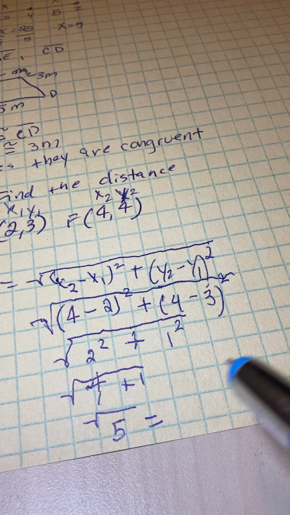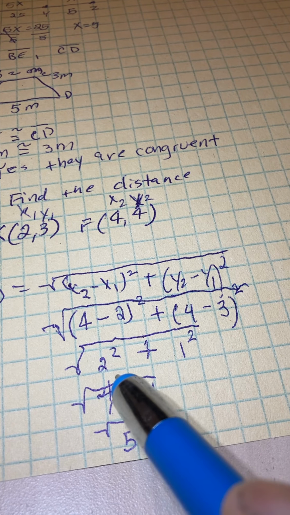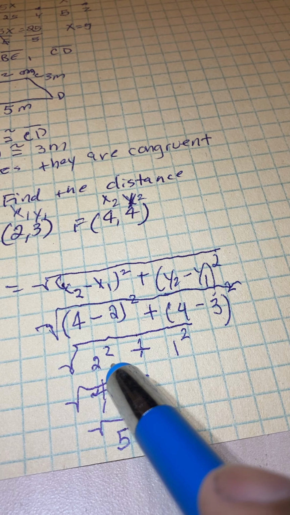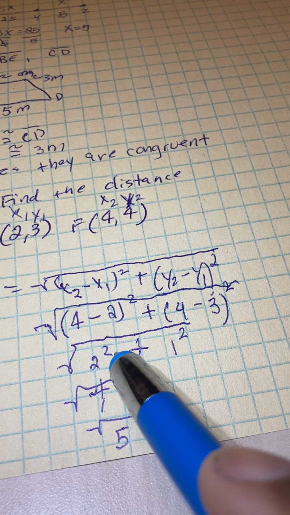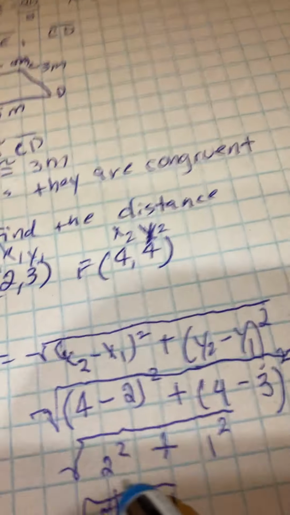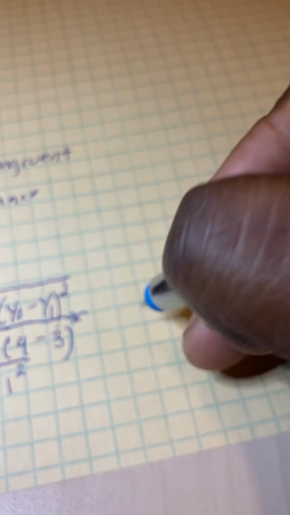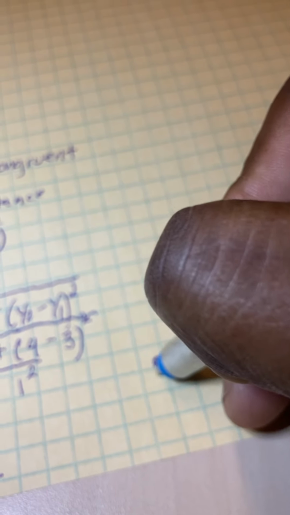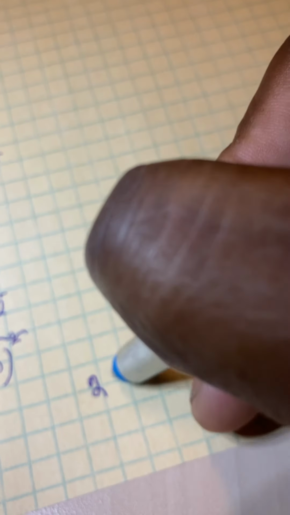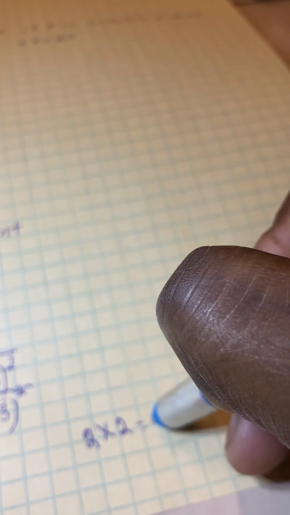I have a question. Yeah. The 2 right there, where you're adding, are you supposed to multiply the 2 to 1? No, okay, look. So you see 2 squared right there? That's actually 2 times 2, which is 4.